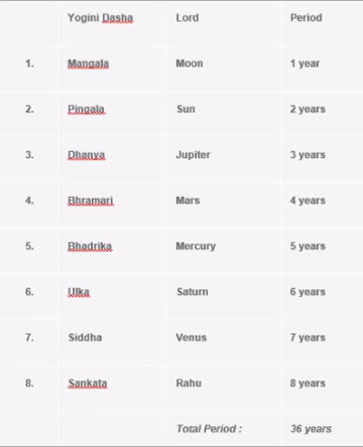And I've also explained to you what the scriptures say about when Yogini Dasha has to be used. And like I said, there has been a lot of positive feedback as far as the accuracy of the predictions is concerned if you use Yogini Dasha, and as has been mentioned in the ancient scriptures about using this, especially in Kali Yuga.